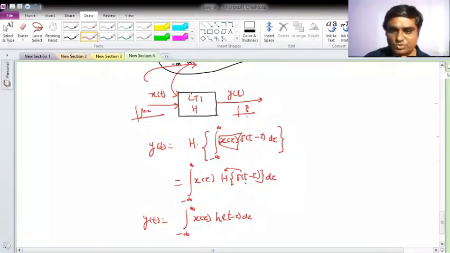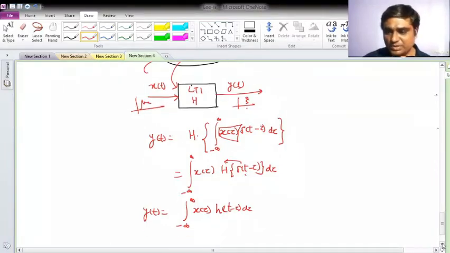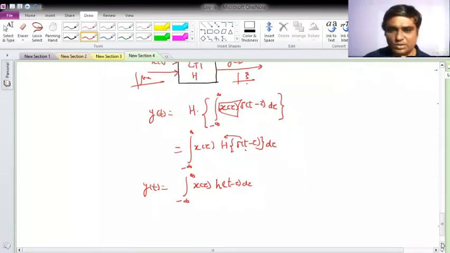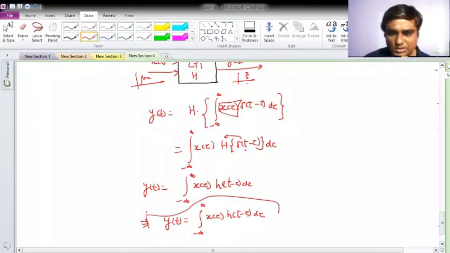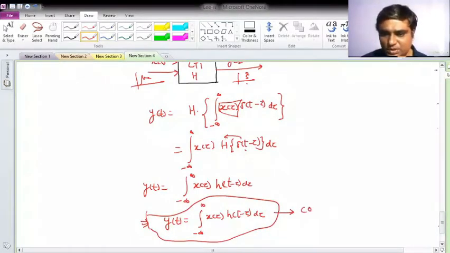So the output will also be h of t minus tau, to satisfy the time invariance and causality property. So this way I have defined one very well known equation, that is y of t is equal to the integral from minus infinity to plus infinity of x of tau into h of t minus tau d tau, and this is a very well known integral. We know it, that is called your convolution integral.